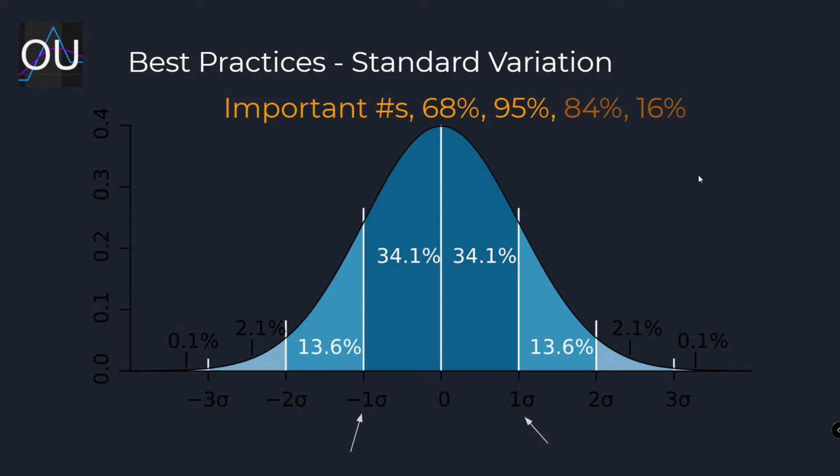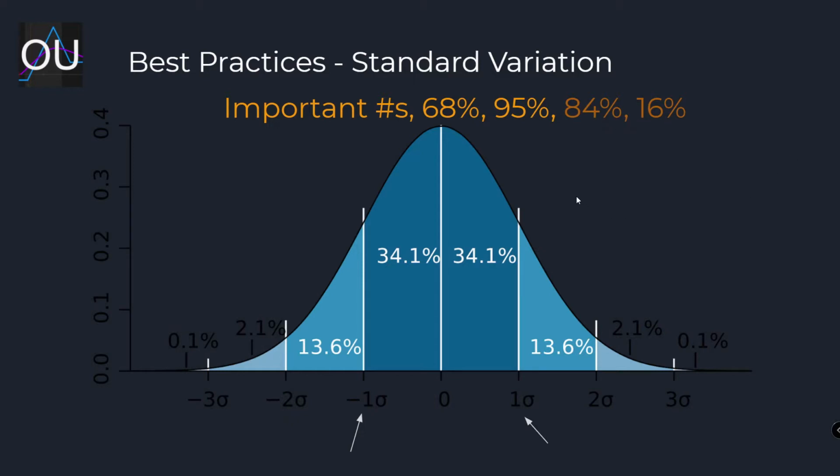So you guys have all seen this before. This is the standard deviation bell curve that you're familiar with, probably from early math class, statistics. The important thing to remember here is that the numbers are 68%, the 95, and then we'll get into later the 84% and the 16.